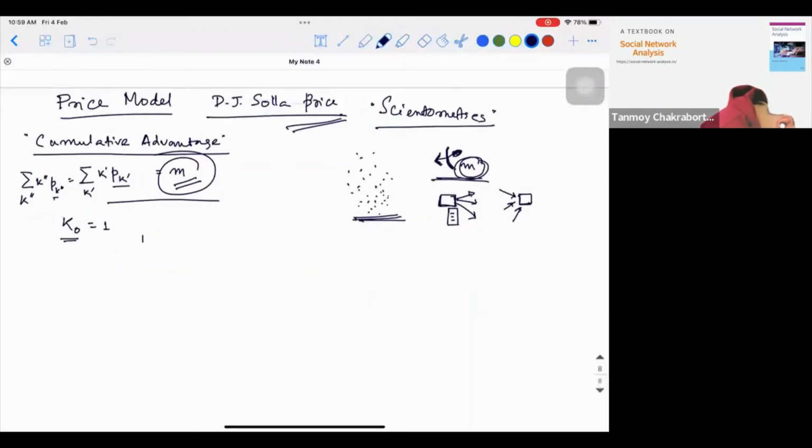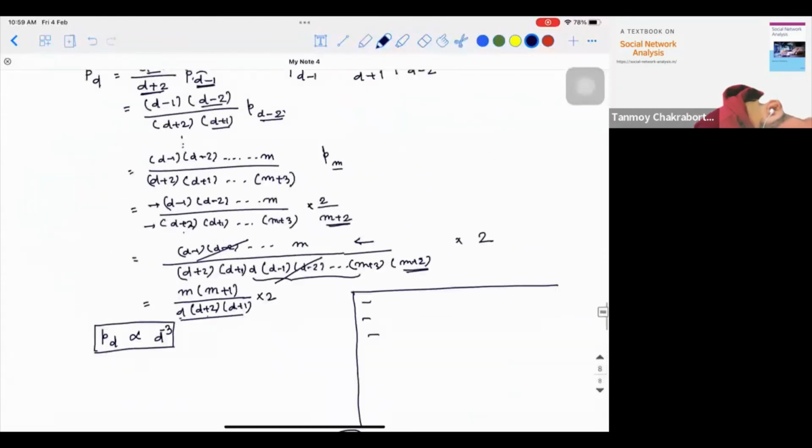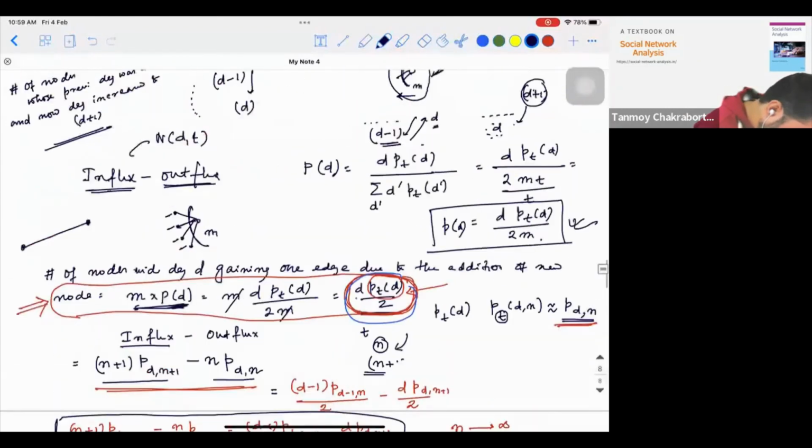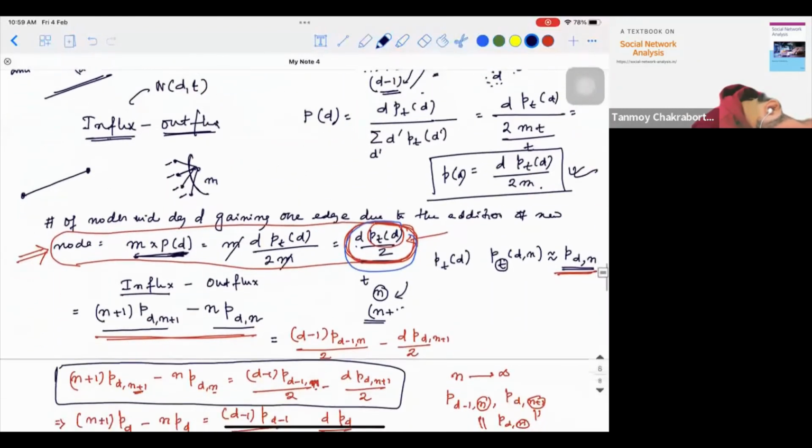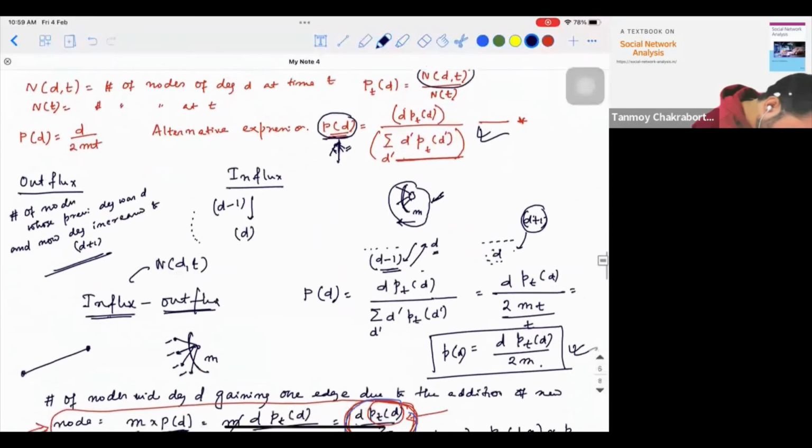Right. So now how do we define P of K? Again, I am using the Master's equation that I mentioned here.